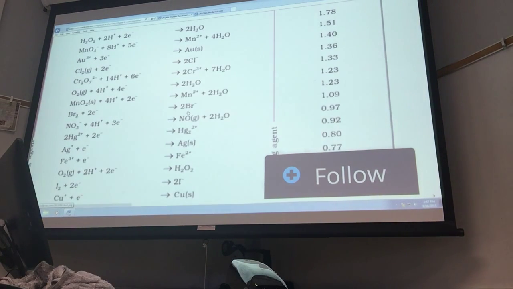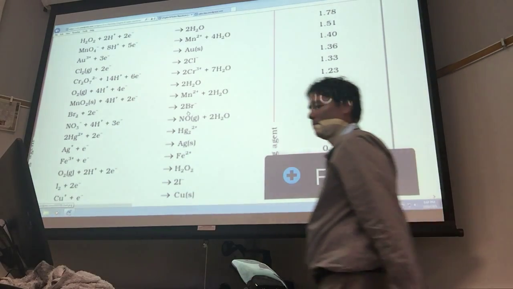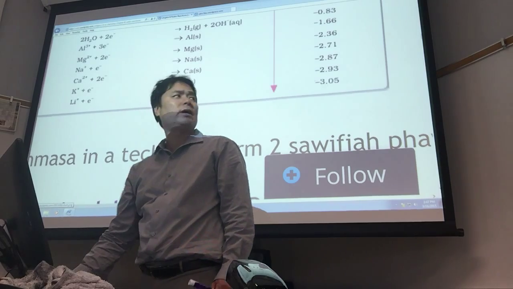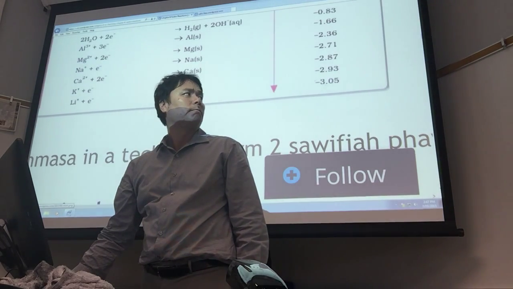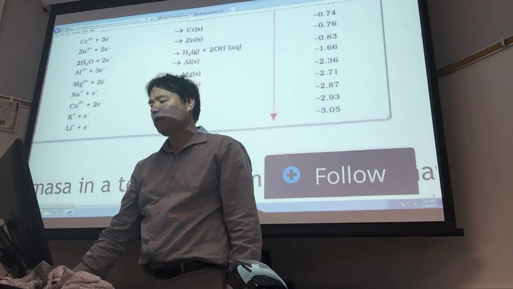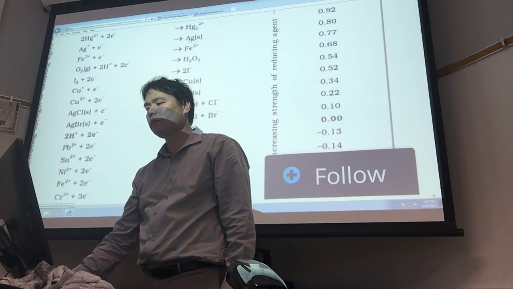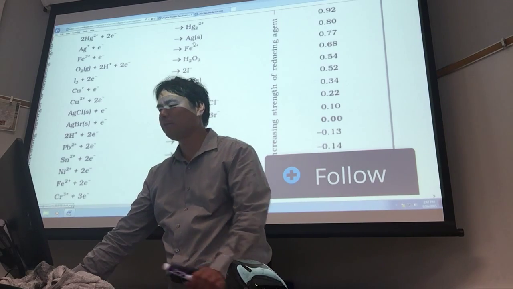Let's confirm that just to make sure nothing's wrong here. We start off at lithium, then work our way up. The first reducing agent we hit is silver metal. Here's silver metal here.